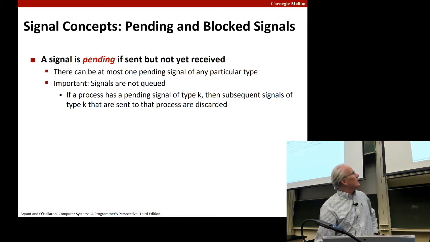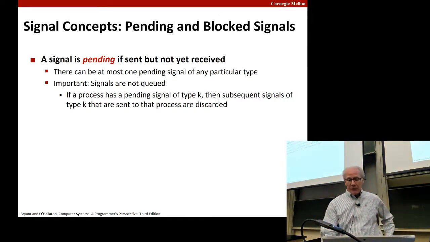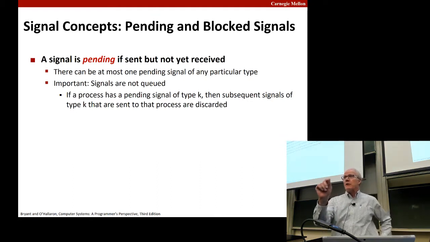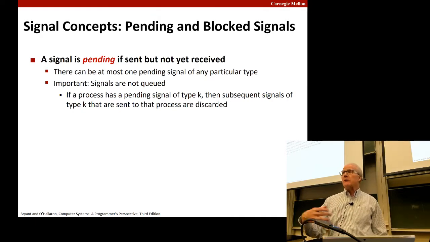So as I mentioned, at any given time, there can be some number of signals that are pending for a process, meaning it's been delivered but not yet received. Those are the ones for which these little bit fields are set. It's important to realize that they're just little 1-bit fields, so if multiple signals get sent before they can be handled, they don't queue up.